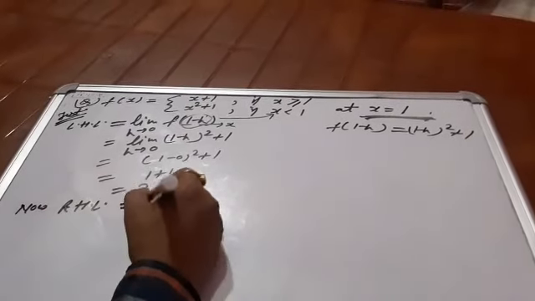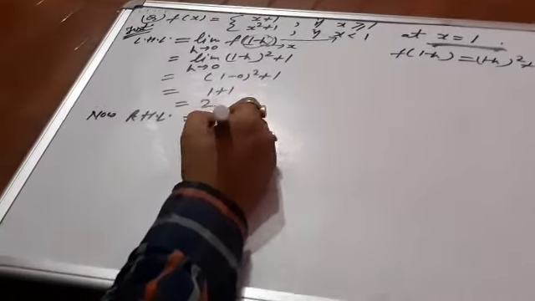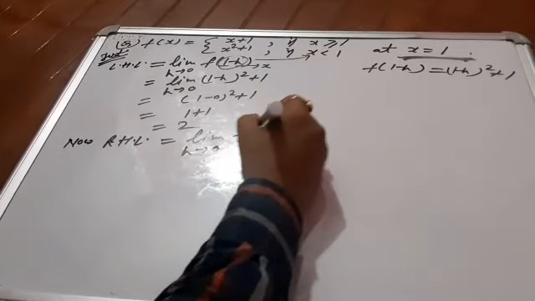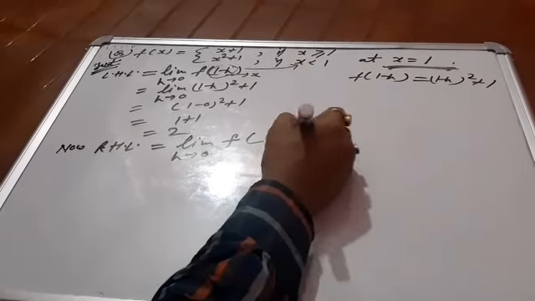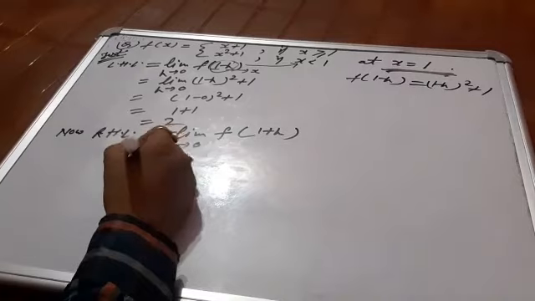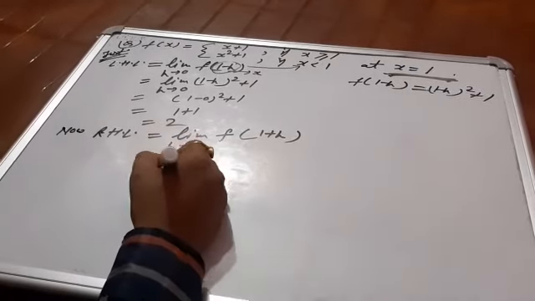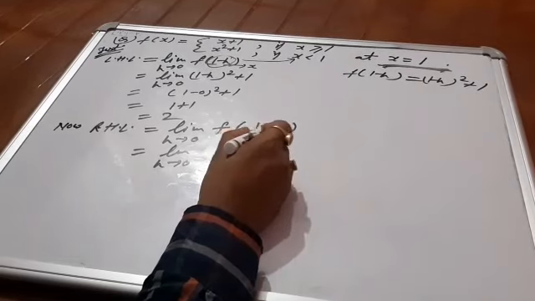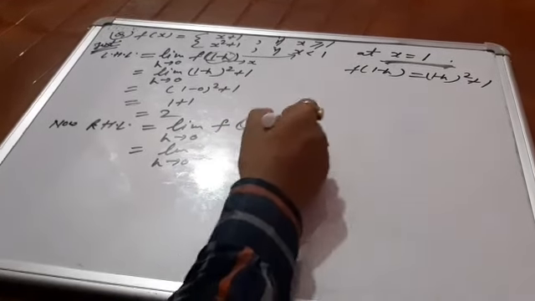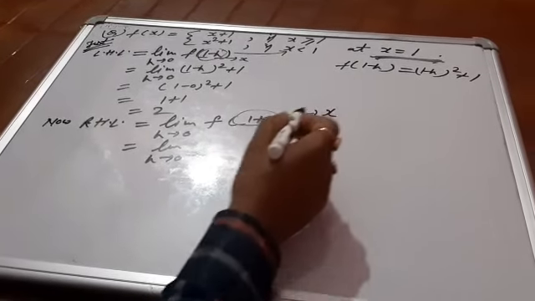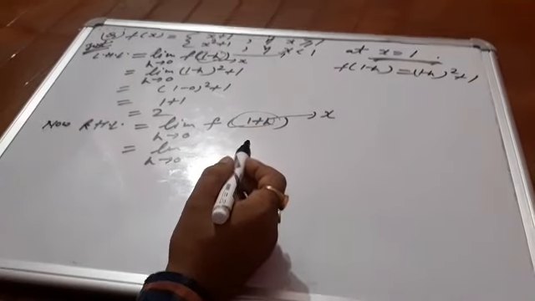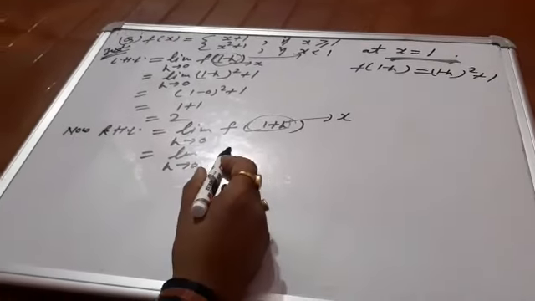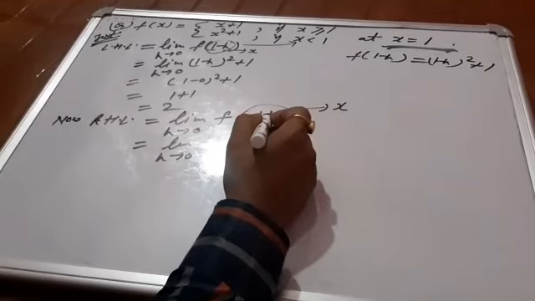RHL, it is limit h tends to 0, f of 1 plus h. At the next step, limit h tends to 0 will remain the same. Now 1 plus h means the value of x here. Have you seen? The value of x here is greater than 1.